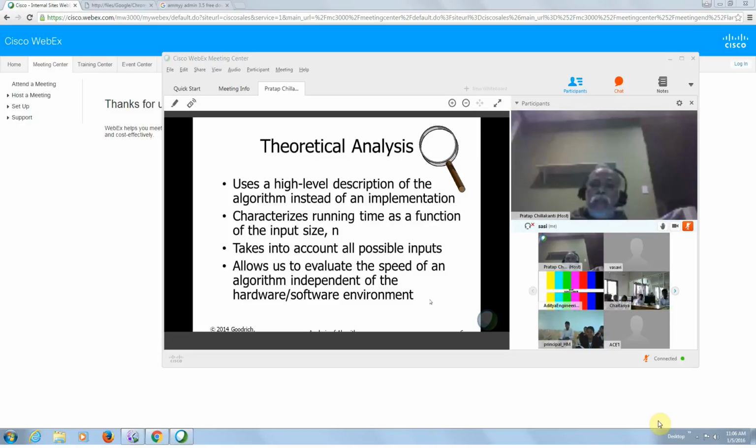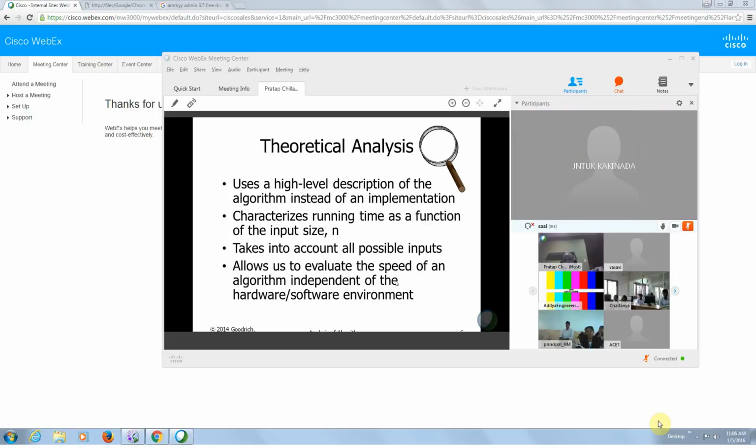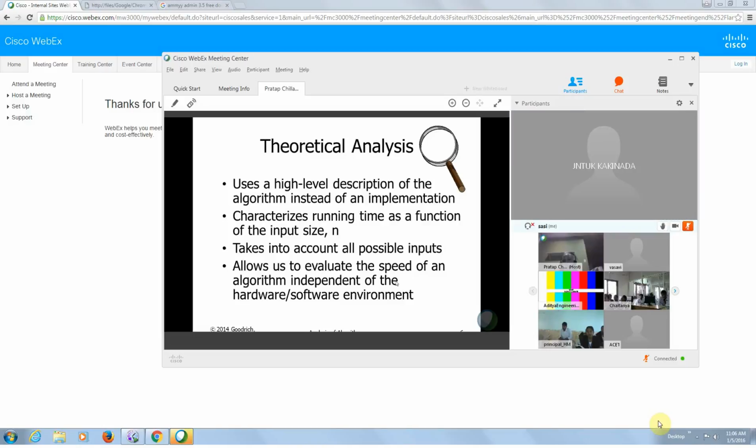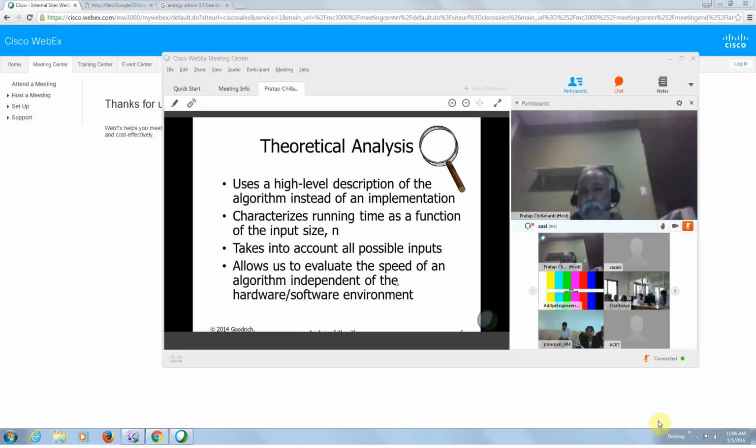So the reason why I say that's an interesting thing from practical perspective is, of course, number one, you're saving time. If you look at it, you're all working on projects in the industry, right? Why do I need to spend 3 days writing a program only to figure out that algorithm is very bad?